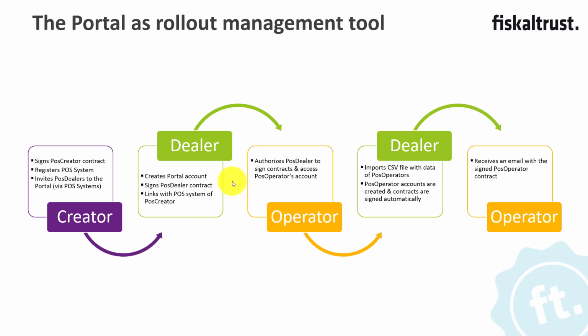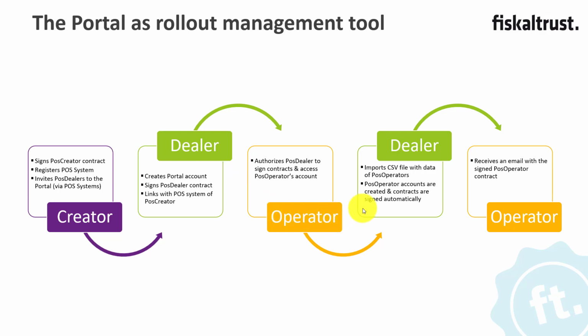Then the dealer usually needs permission from the operator to sign contracts and access the POS operator's account in the portal for them. This could be part of an existing maintenance contract. Maybe it's also something you can clarify. Definitely it's something that the POS dealer needs to clarify upfront before going into the next steps.